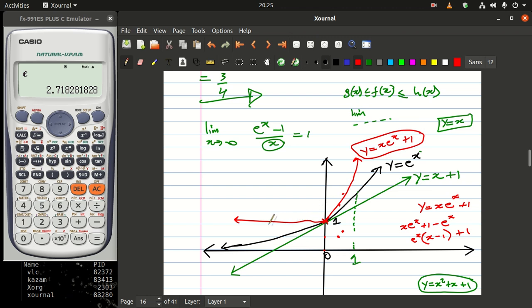Why am I saying this is going to be like this? Whenever I'm plugging a negative value here, this one is going to be negative. So I'm going to get a value here, multiplying by a negative value is going to be below. But while it's still below, it's going to be a little bit closer and closer there.